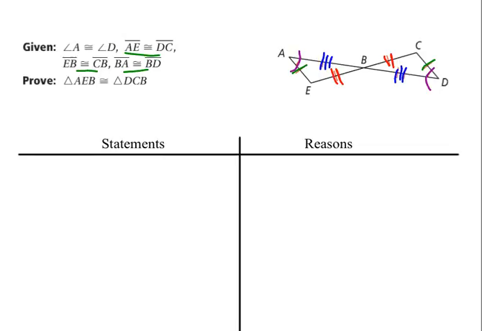And since you guys are so smart, I know you're thinking, oh, these are vertical angles, so I know that those 2 angles are congruent. Yep, you're right, they are. So now I have 2 congruent angles in the 2 triangles. So that must mean that angle E is congruent to angle C by the third angles theorem. So then we end up having congruent triangles because all 6 parts are congruent.